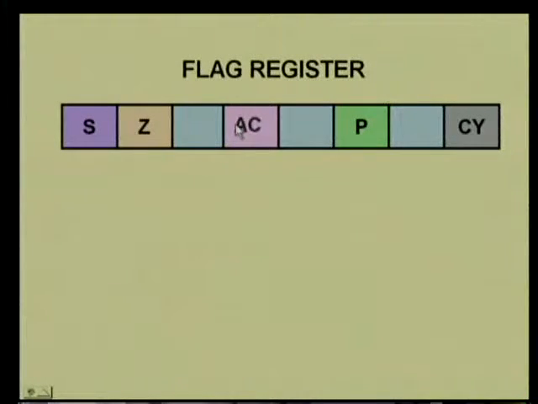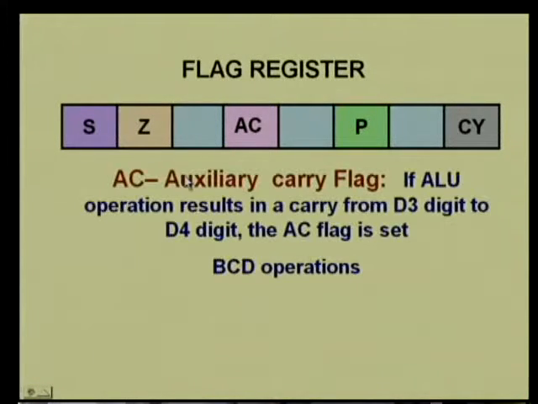Let us see about the auxiliary carry flag. This auxiliary carry flag is used in BCD operations, that is binary coded decimal operations. This auxiliary carry is nothing but a carry generated from the D3 bit to the D4 bit when an arithmetic or logical operation has been completed.